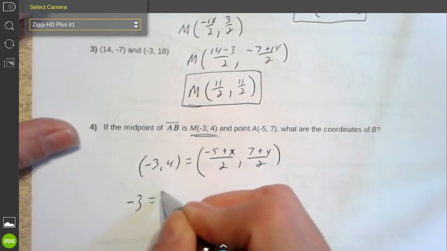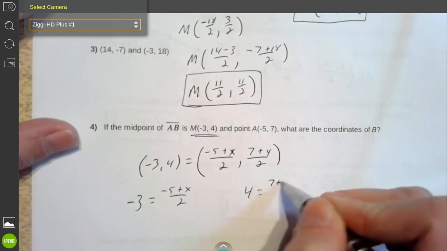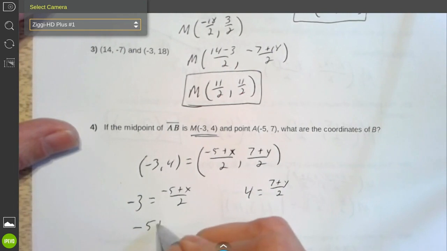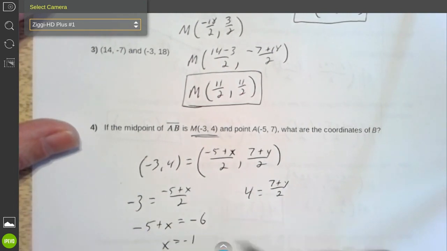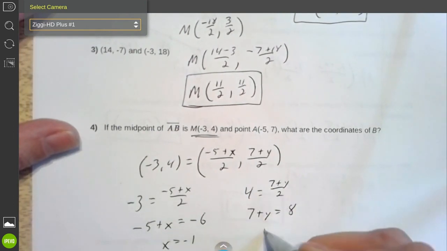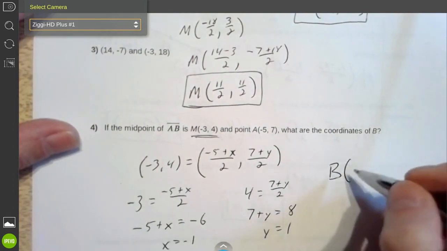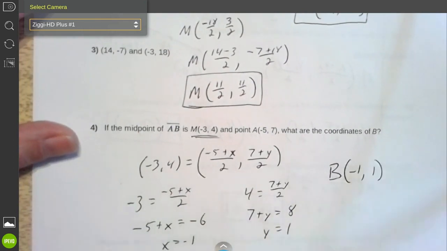So -3 equals (-5 + x)/2. 4 equals (7 + y)/2. A little cross multiplying. Negative 5 plus x is going to be negative 6, so x is -1. Cross multiply, 7 + y equals 8, so y is 1. So the coordinates of point B are x value -1, y value 1.